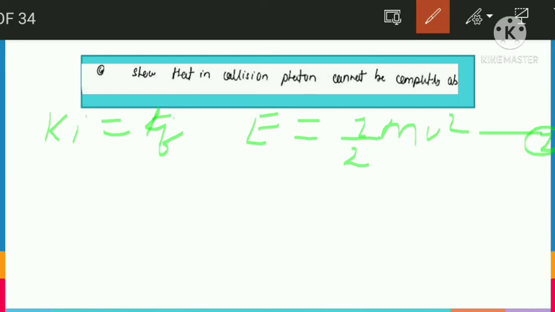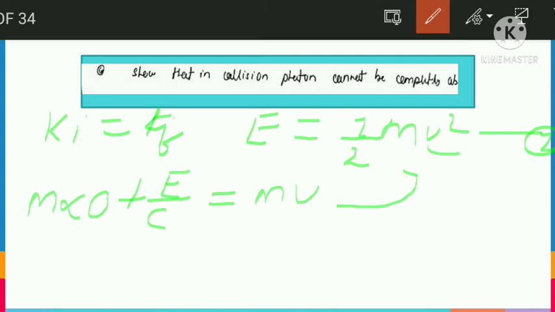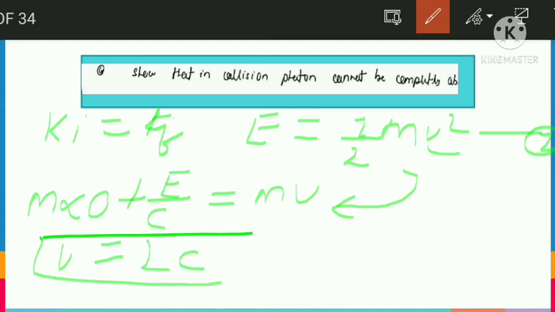This is our first equation, our energy conservation. Now momentum conservation: first of all, the mass of the electron into its velocity, which is 0, plus the momentum of the photon E by c, equals, let's say after collision the electron moves with velocity v, which we have also used here. So friends, when you solve these two equations you will get v equals 2c, and this is not possible. That is the reason why a photon cannot be directly absorbed.